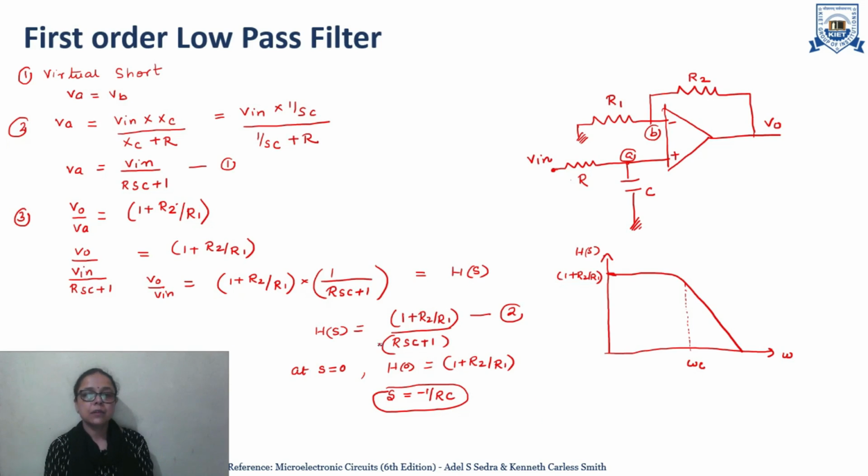So, from the expression it is clear that this is the function for low pass filter. From 0 to omega c, the frequencies will be passed. This is the pass band of the filter, and after omega c, the gain reduces, means the filter will start blocking these frequencies. So, this is the expression for low pass filter.